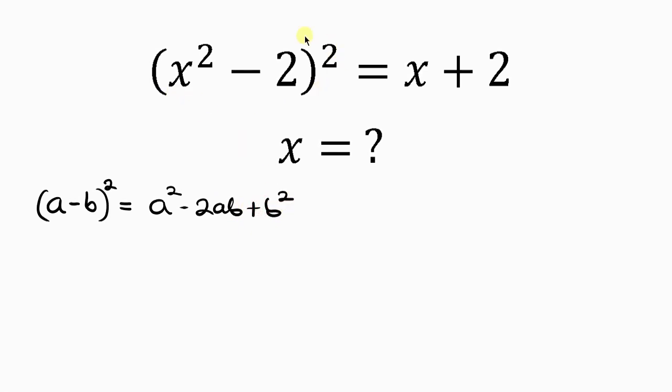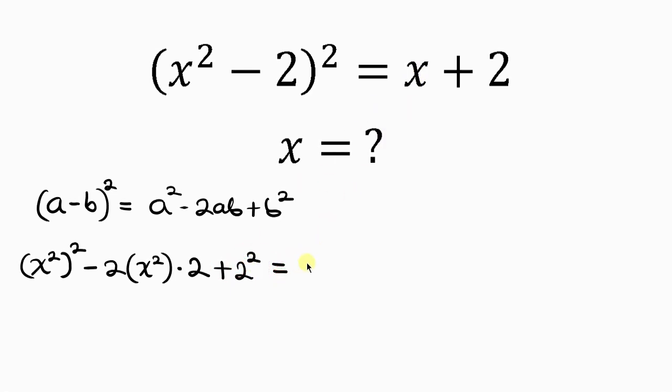Now let's expand this like this. So that means this becomes (x squared) all raised to the power of 2 minus 2 times x squared times 2 and then plus 2 squared. Very good. And this is equal to the right hand side, which is x plus 2.